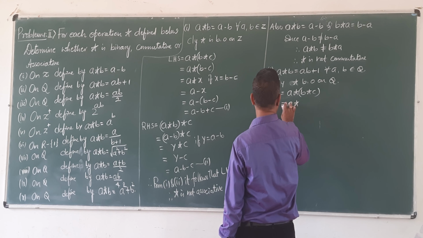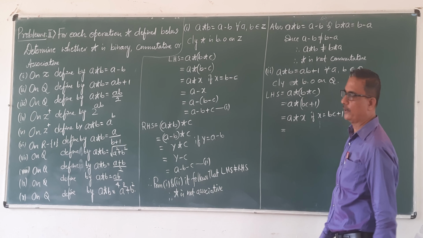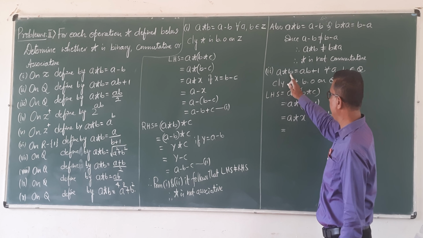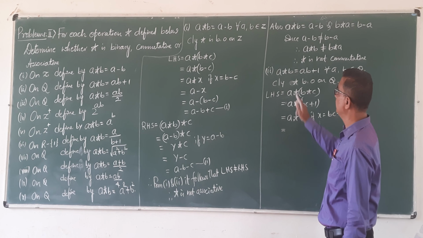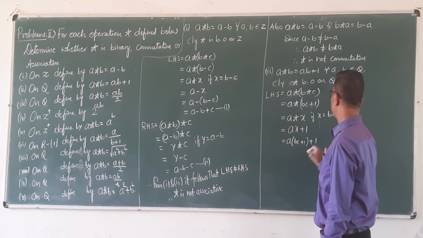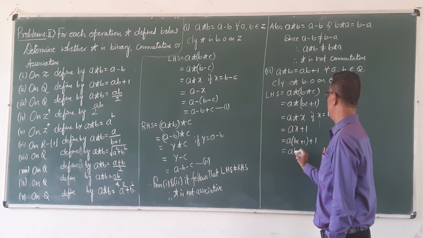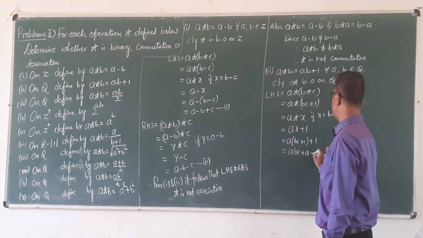Again, a star b is equal to ab plus 1; instead of a and b, here a and x. A star x is ax plus 1. Right? Put the x value. What is the x value? bc plus 1, so a(bc plus 1) plus 1. Remove that bracket: abc plus a plus 1.